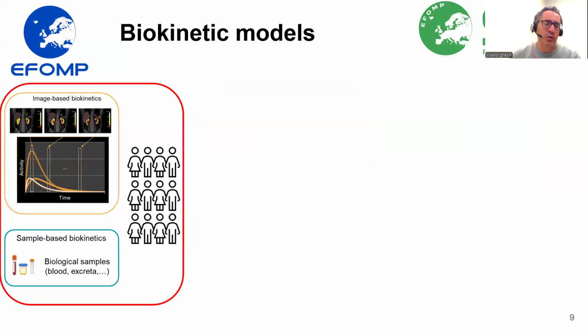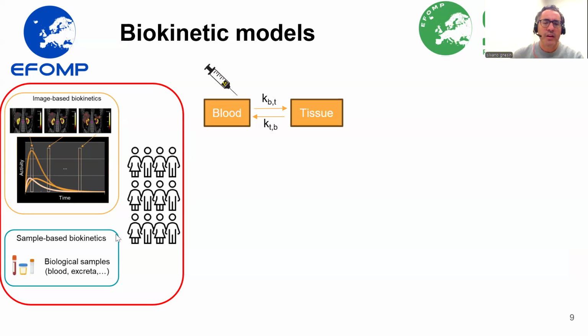Biokinetic data collected and established based on imaging and sample-based biokinetics in a certain population are implemented in biokinetic models with blocks that represent different tissues. Typically in nuclear medicine, we inject a certain amount of radiotracer or radiotherapeutic through the blood, and then it reaches the tissue.